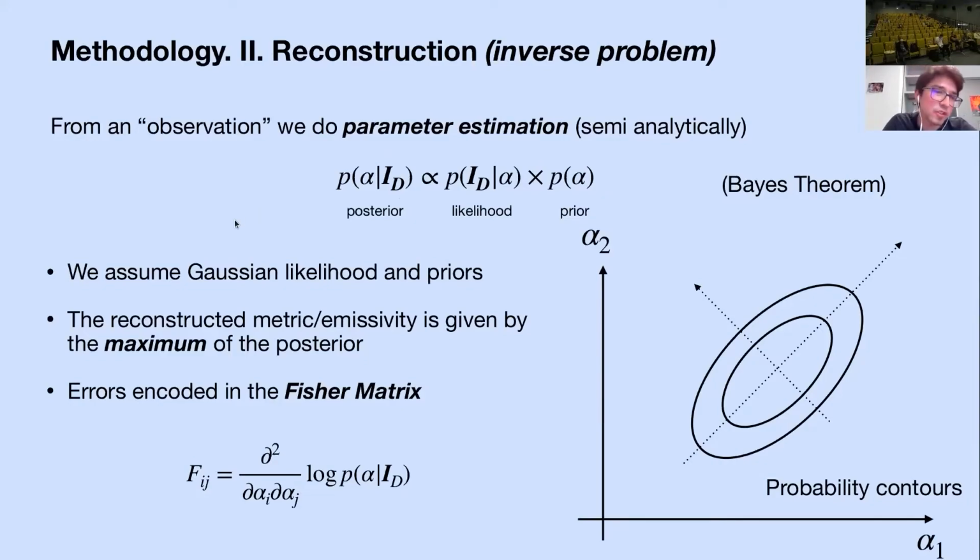For simplicity, we assume a Gaussian likelihood in the intensity for our model. And also we assume that the priors for the parameters alpha are Gaussian.